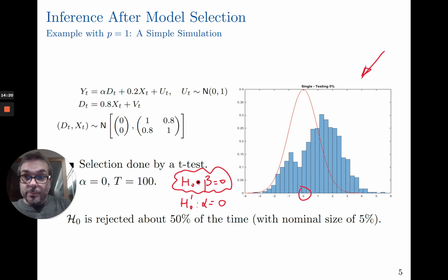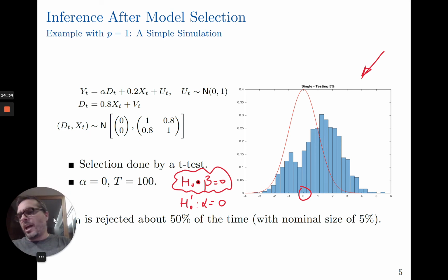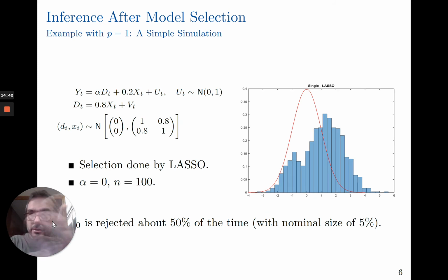And why is that? Because we are making mistakes in the first t-test, the one deciding whether or not we shall remove x. So then you may say, oh, but this is the problem with the t-test. Machine learning is much better than the t-test. Let's try with lasso. And what you see is barely the same picture. Exactly the same thing.